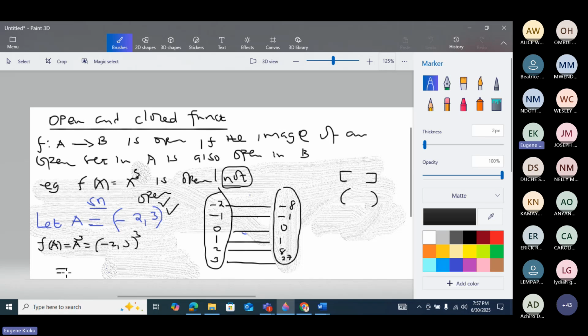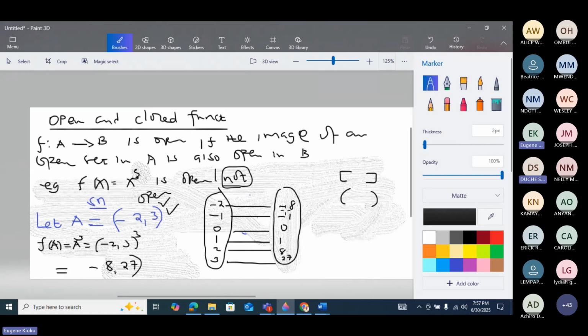Again, the answer will be the smallest and the largest. Which is the smallest value here? The smallest value is negative 8. The biggest is 27. Then we ask ourselves, where did the 27 come from? 3 was on the boundary.